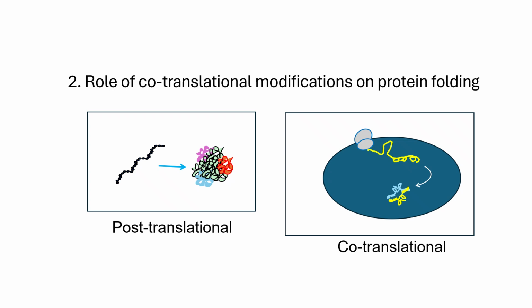While the protein is being synthesized, it is also modified, and these modifications, such as glycosylation and phosphorylation, are required for a protein to acquire the proper 3D structure or native conformation. However, the role of these modifications cannot be explained by his model. So this remains the second critical limitation of his model.